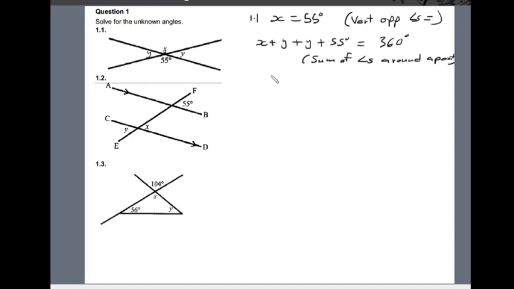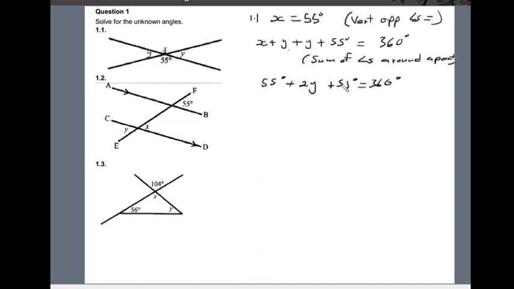So reason yakho leyo. So manje solve for y. We know that x is 55, and then y plus y is 2y plus 55 is equal to 360. Okay, and now sesifuna solve for y.